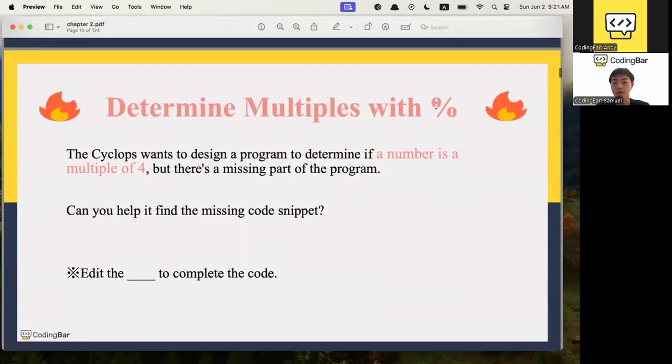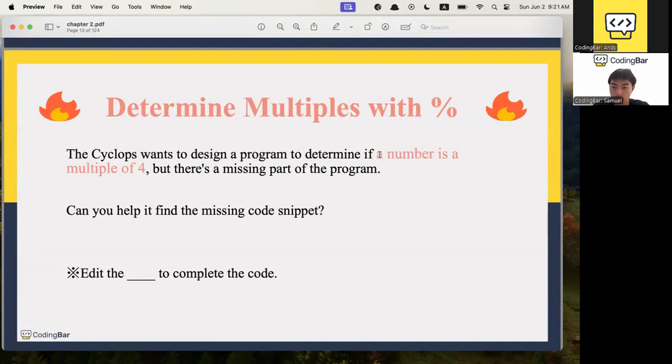So one of the usages of percentage is, for example, if I'm asking you to design a program to determine if a number is a multiple of 4. So how can you do so? Let's say I give you a number A and I input it from the keyboard. So A is 100. How can you determine whether this number is a multiple of 4? It's a math question actually. So you calculate the remainder of this number A, 100, after dividing by 4.